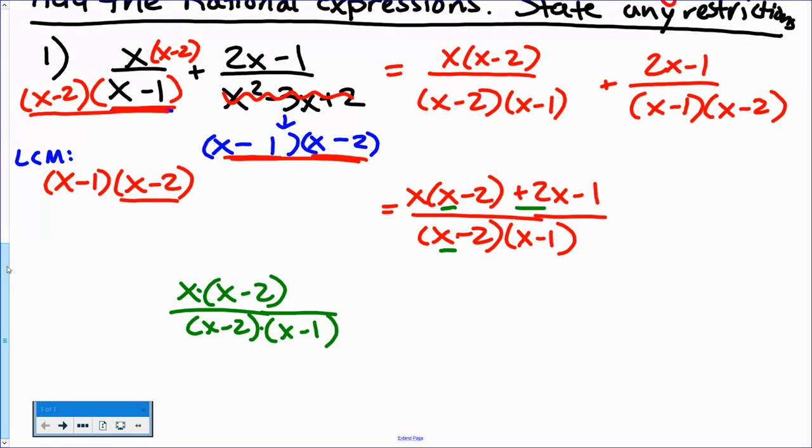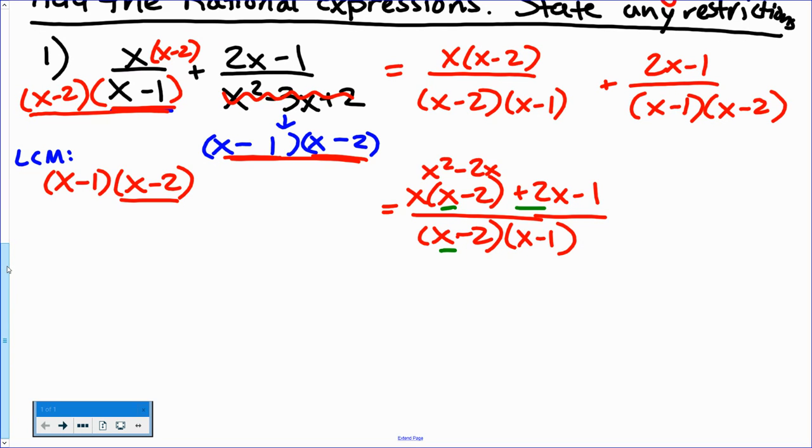I am adding, so I need to add everything together. I am not trying to get rid of everything right now. Okay. So then this will be x squared minus 2x. And then if I combine my like terms there, I've got x squared, negative 2x and positive 2x would cancel out. And then I still have that minus 1.